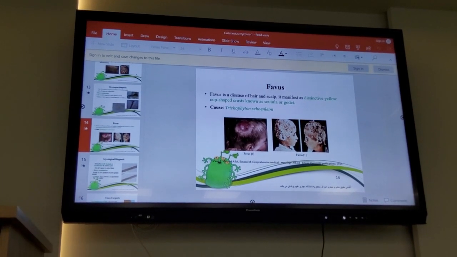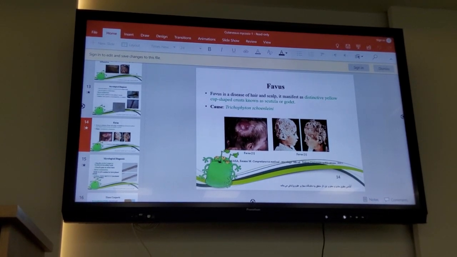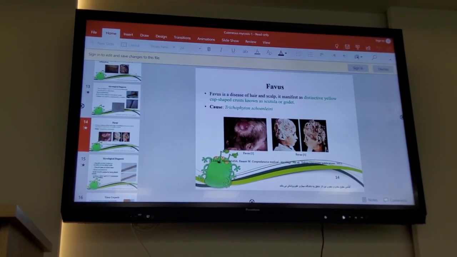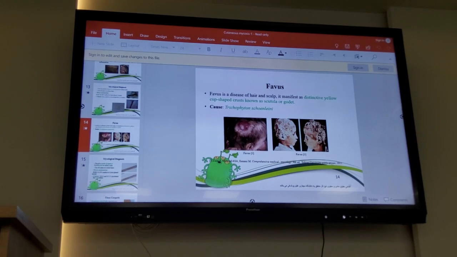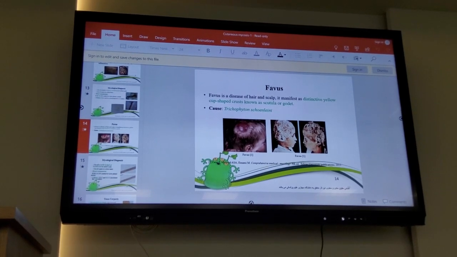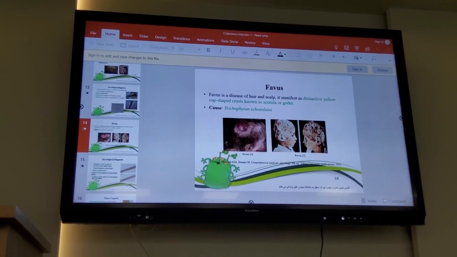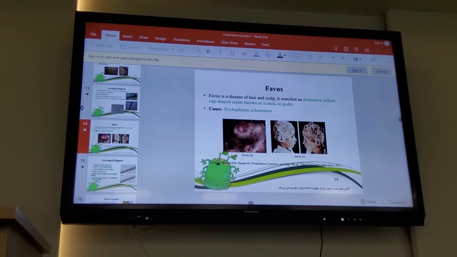Okay, when you have a child with tinea capitis, you must suspect tinea capitis. For a correct diagnosis, you must refer the child to the laboratory. It needs a laboratory diagnosis.